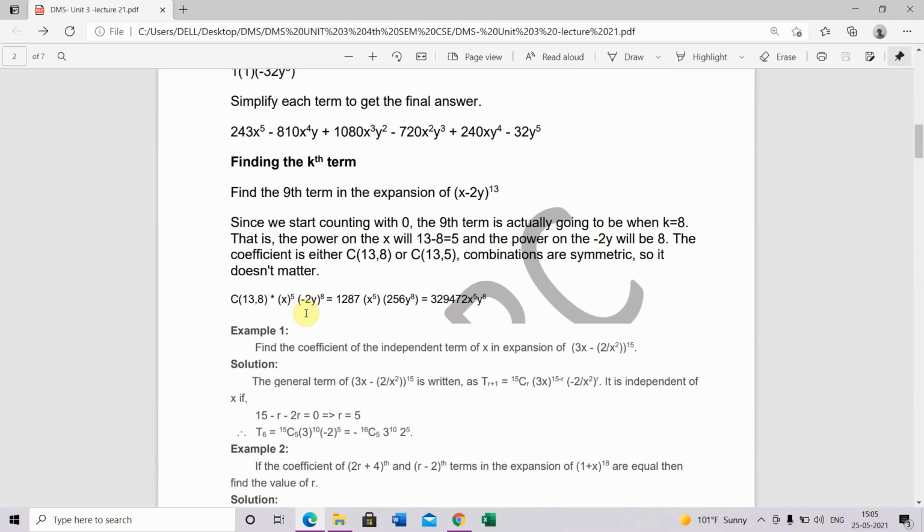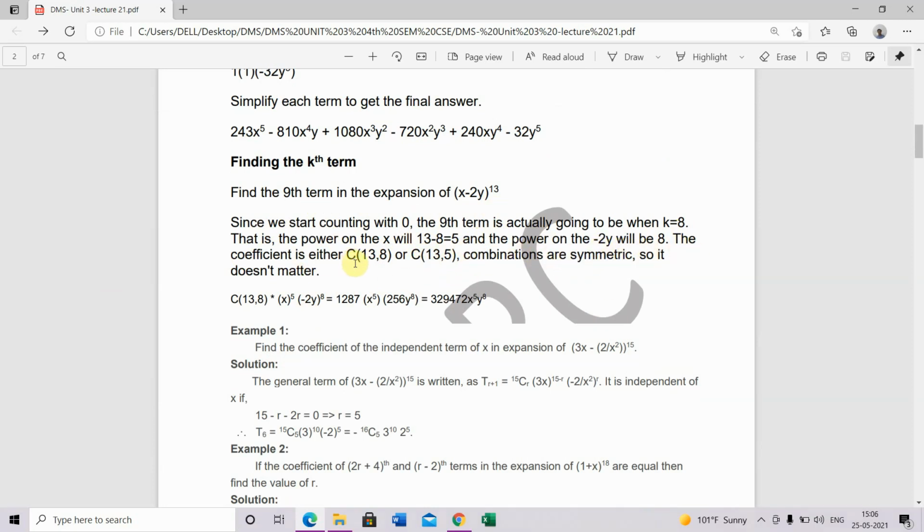Finding the kth terms. Find the ninth term in the expansion of (x minus 2y) whole power of 13. Since we start counting with 0, the ninth term is actually going to be k equals 8. That is, the power on the x will be 13 minus 8 equals 5 and power on the minus 2y will be 8.